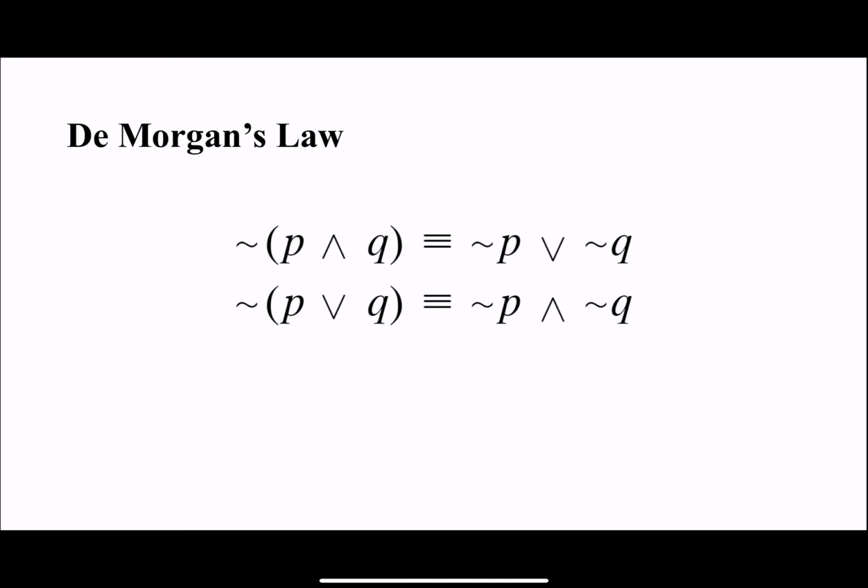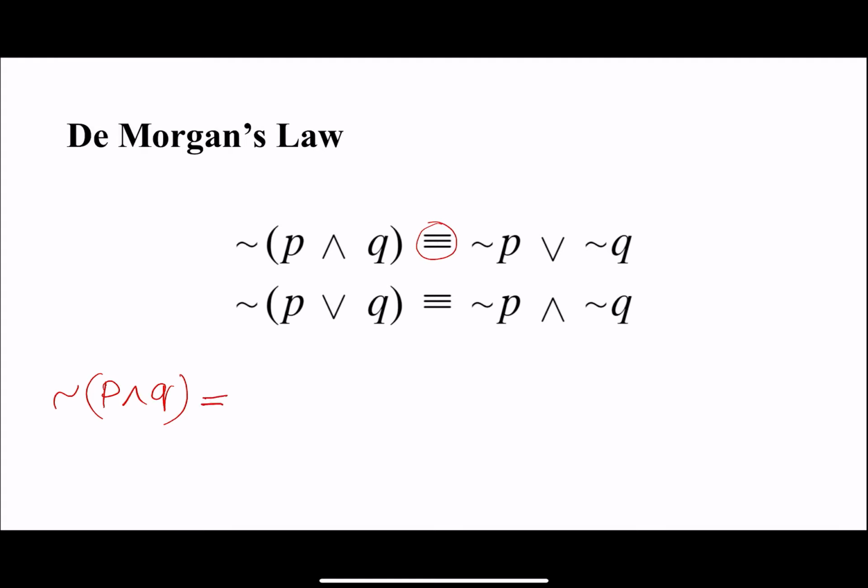Well, De Morgan's law, that's really, really interesting. Let's say you have a conjunction or disjunction between two statements, and you want to negate the whole statement. For example, you have P and Q, and you want to negate the whole statement. So what happens? Guys, this sign is like equal.